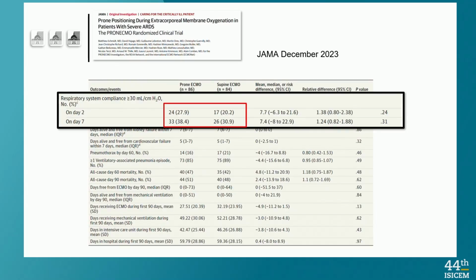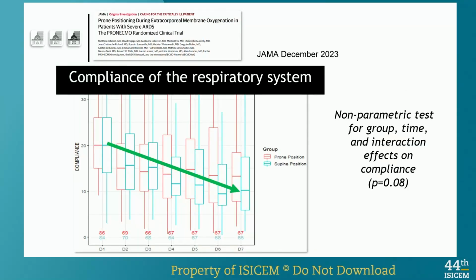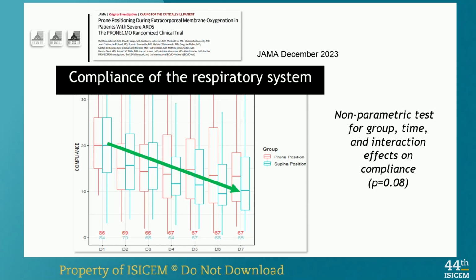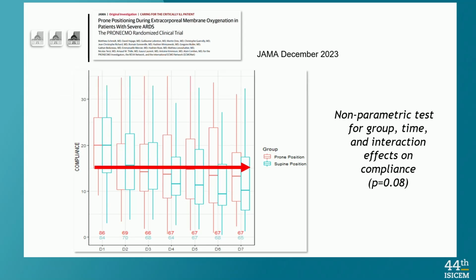And what is especially interesting is to look at the evolution of the compliance at day 2 and day 7. It's not significant between the two groups. However, if you follow the day-by-day compliance over the first 7 days, you see that when the patient stays in supine position, the compliance of the respiratory system progressively decreases over the 7 days on ECMO.